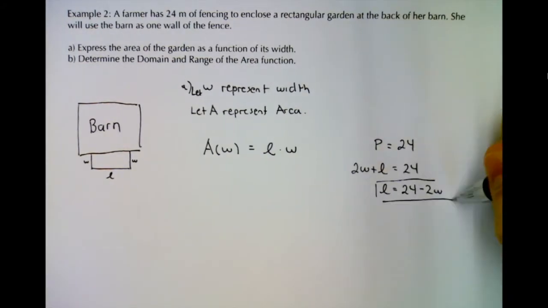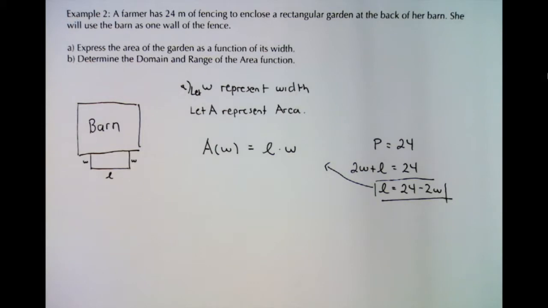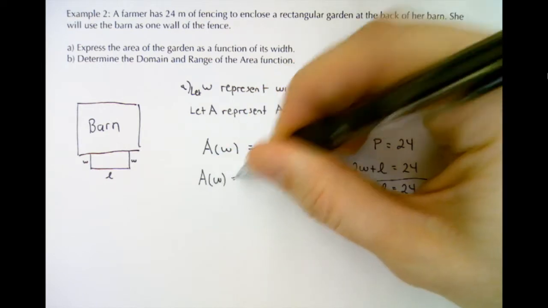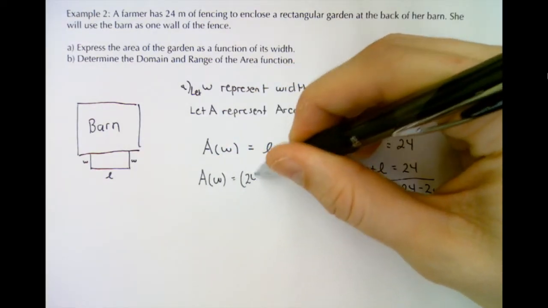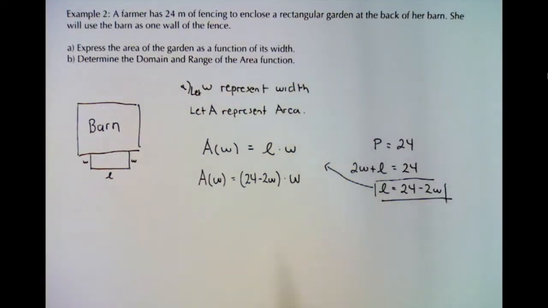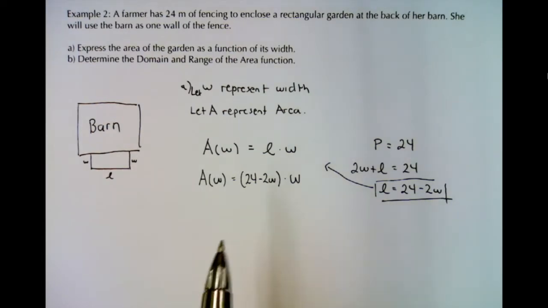And now what we can do is replace the L in our area equation with 24 minus 2W. And we get this. And now what you have is an area equation with only W's. And now you have the area of a garden as a function of its width.